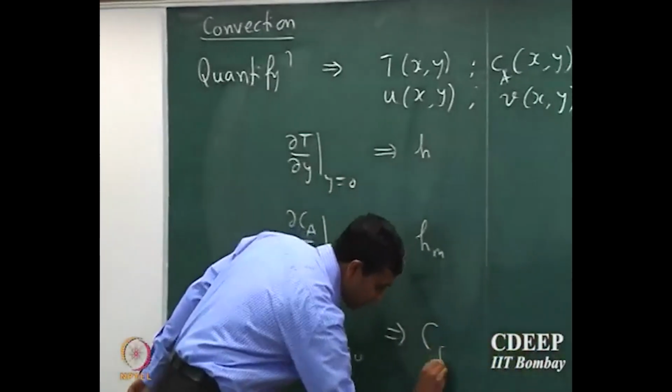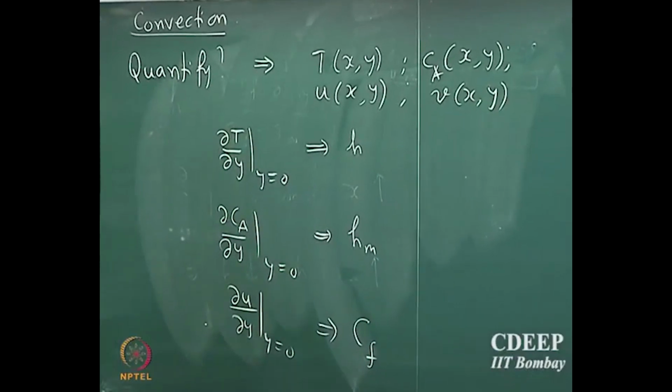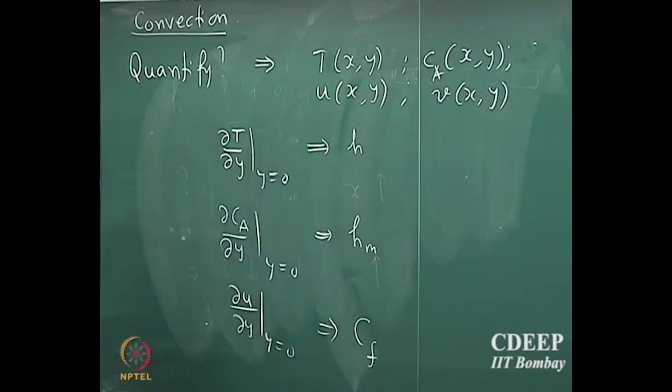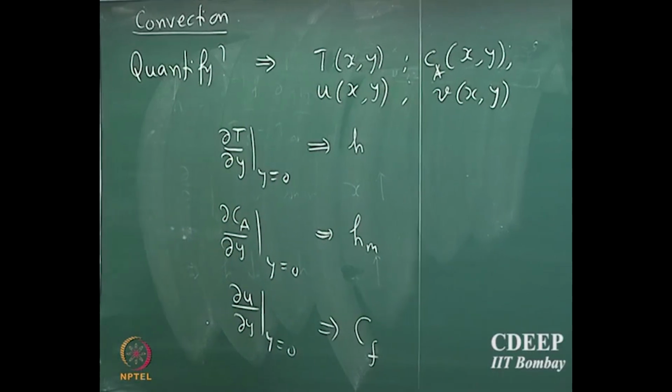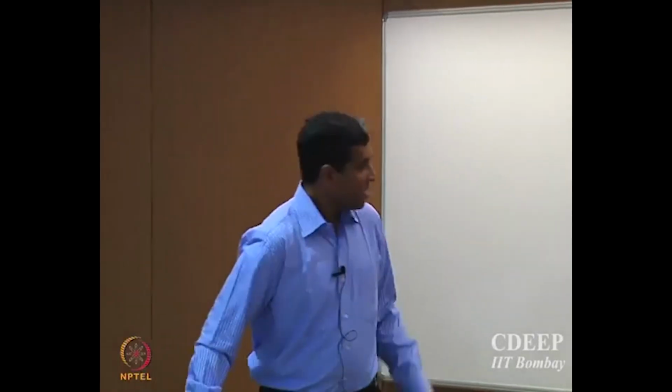It gives you the friction coefficient. We defined this in yesterday's lecture. So if you know these three gradients, you have quantified or identified the characteristic properties of the three boundary layers, which means that we have identified the characteristic properties of the three transport processes that are occurring simultaneously.